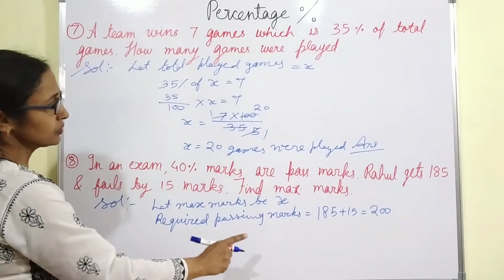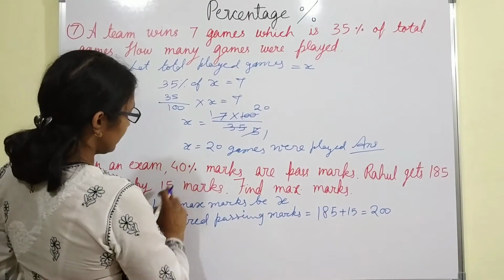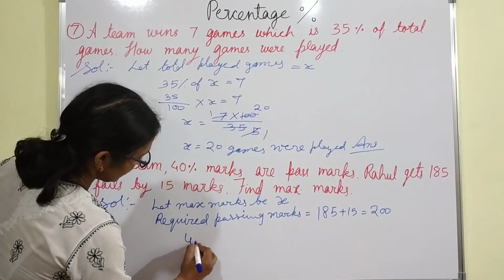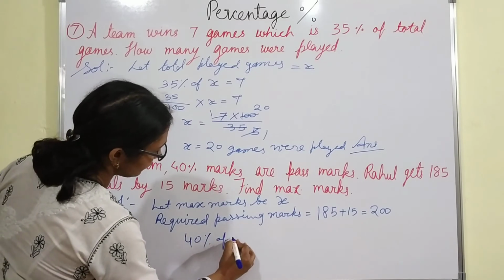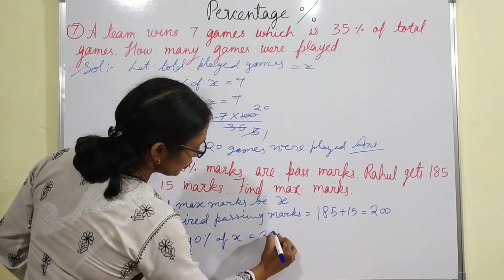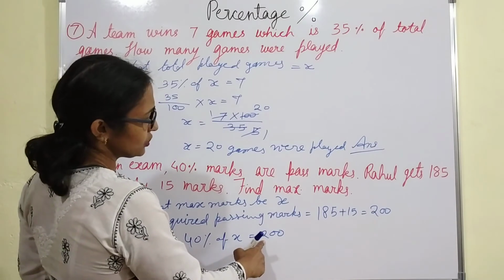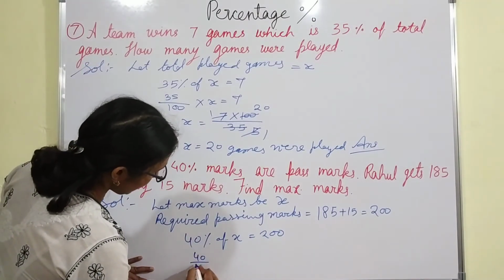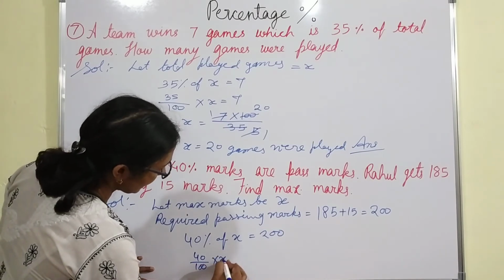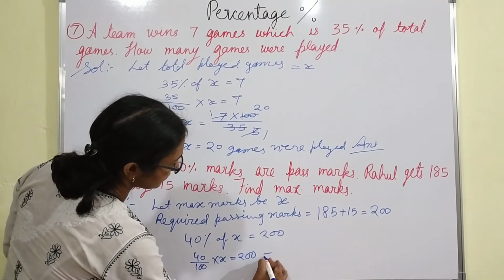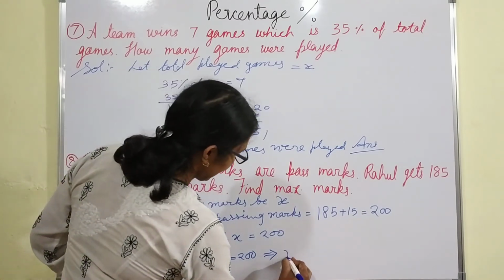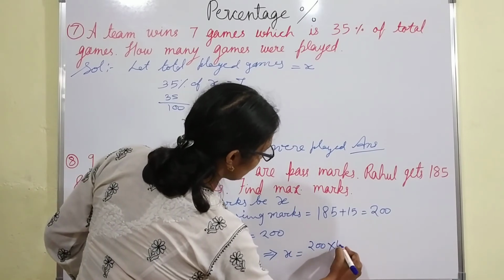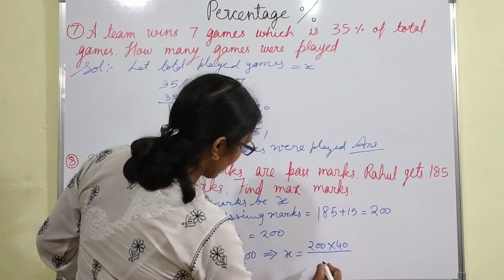So 40% of x equals 200. If he gets 200 marks, he will pass. So 40 upon 100 into x equals 200.